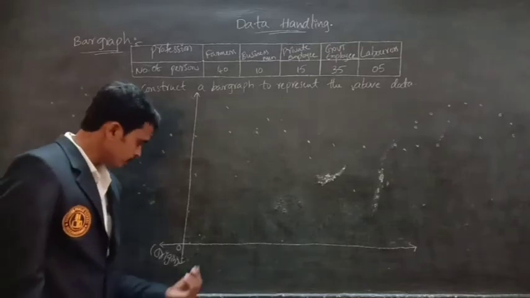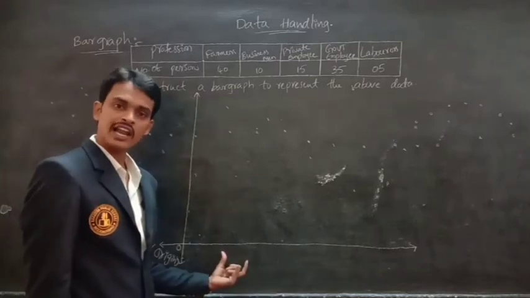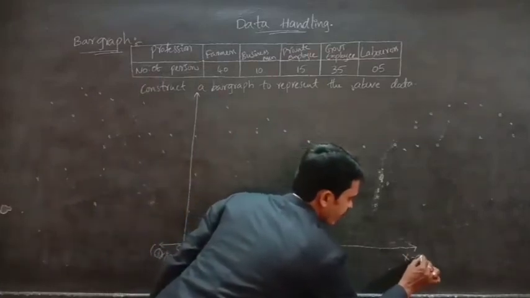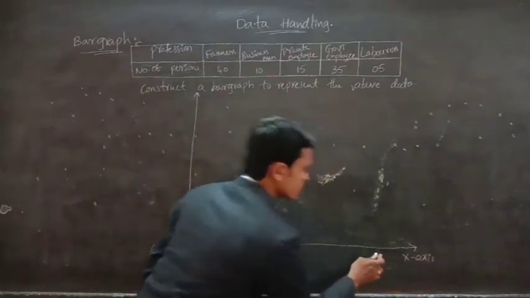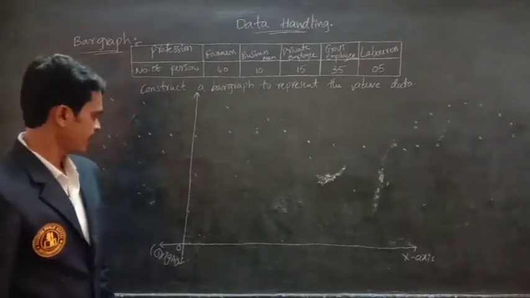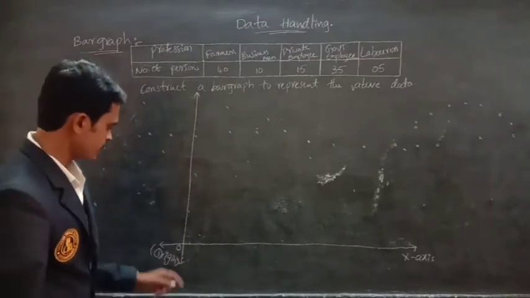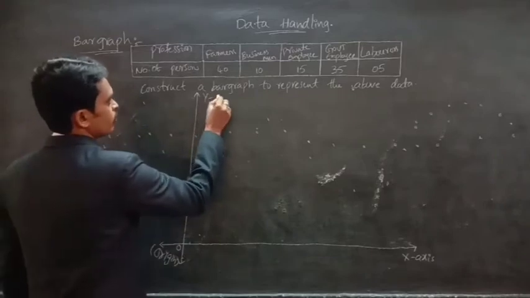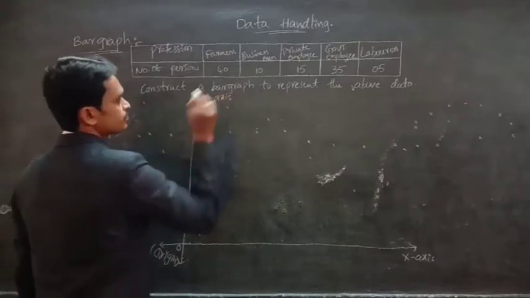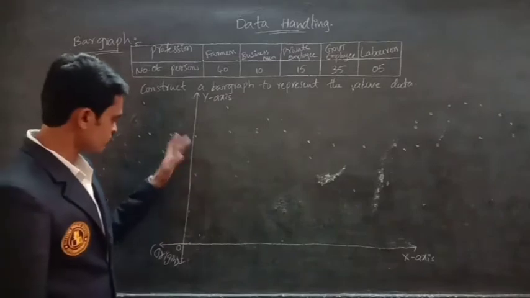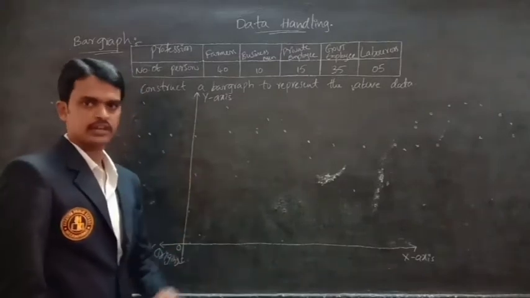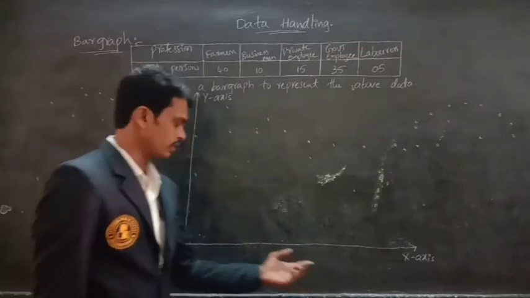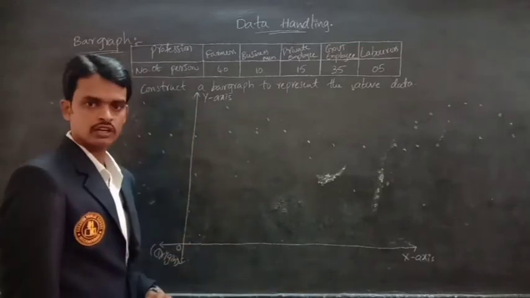This horizontal line will represent the x-axis and this vertical line will represent the y-axis. So first we should draw two perpendicular lines, one horizontal and another vertical.